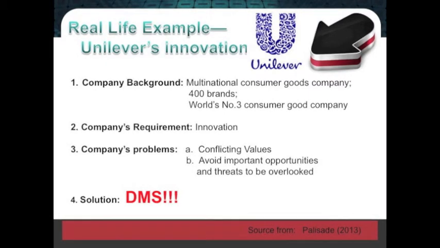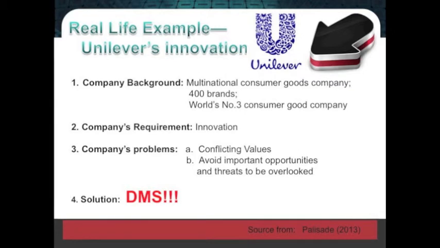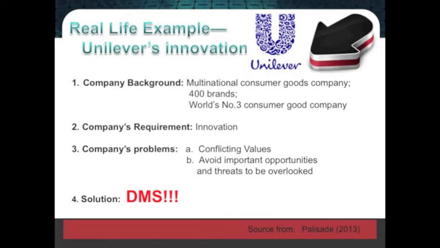As a result, Unilever decided to use decision-making software to do a decision tree analysis. With the help of the technique, Unilever is able to develop probabilistic business cases for its innovations.